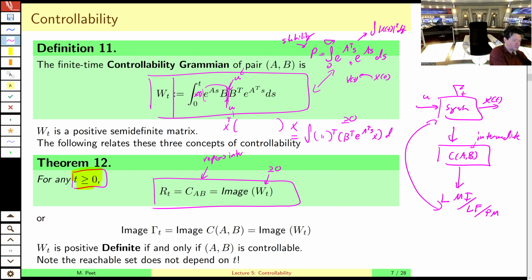the intermediate step, which is equal to, and we mentioned that on the previous slide, the reachable subspace. So it's a system property.